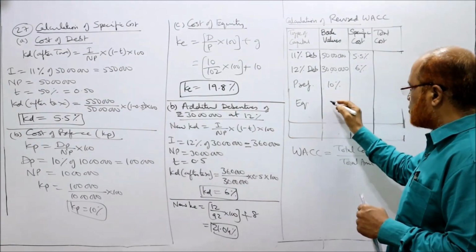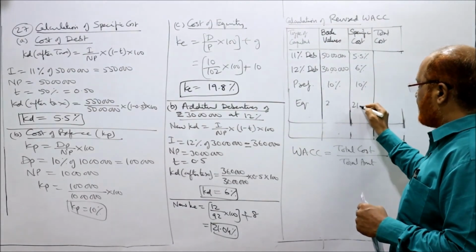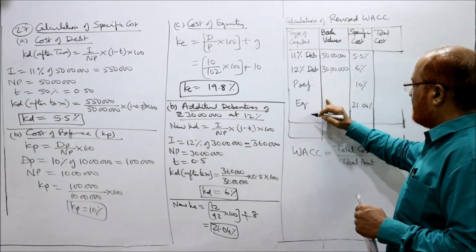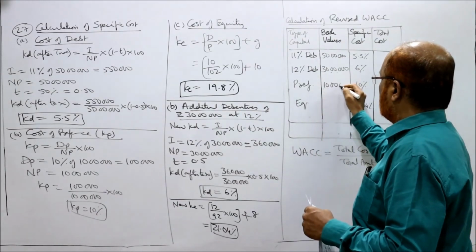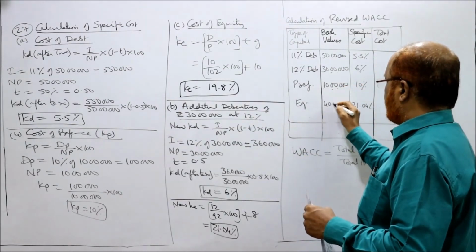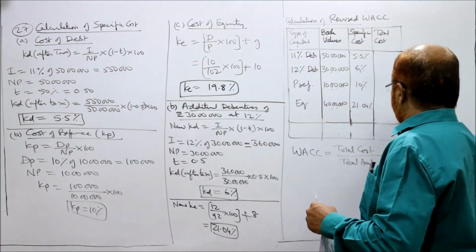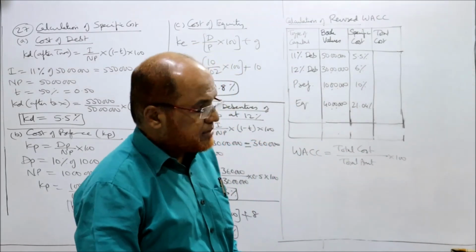KE has changed, 21.04%. The preference share capital was 10 lakh. And equity share capital was 40 lakh. That's it. These are the changes taking place.